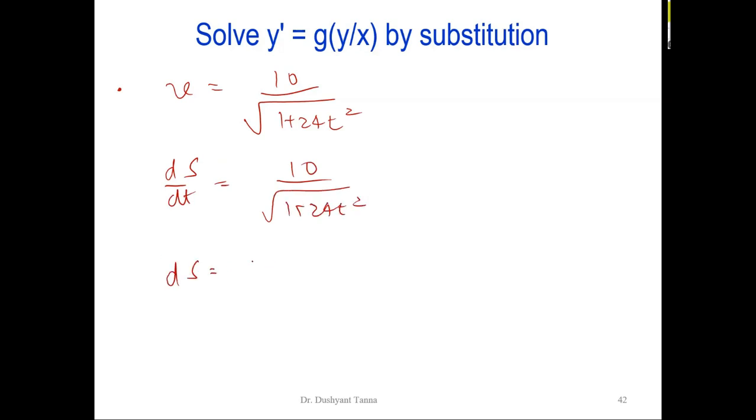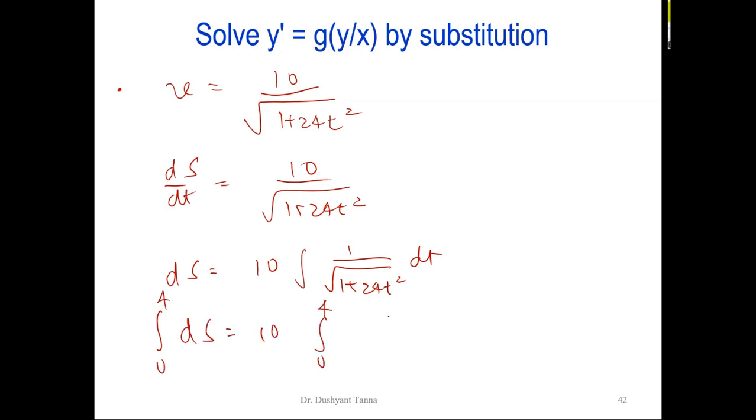And for ds, leave the 10 outside if you want, the 1 over the square root of 1 plus 24 t squared dt. Okay, now integration from 0 to 4 seconds. Integration 0 to 4 ds, 10, integration 0 to 4, 1 over the square root of 1 plus 24 t squared dt.